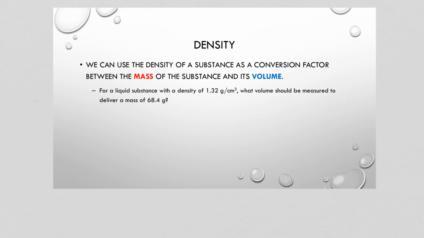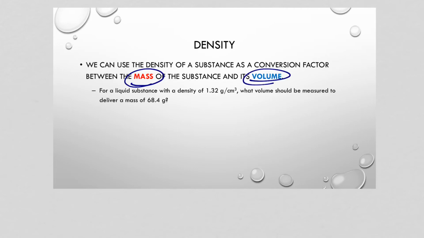So it is often the way that we can, in the lab, know the mass of something, and if we know what the material is, we can figure out what the volume is going to be by using its density, or vice versa. So this is a really common technique in lab. We can measure either the mass or the volume and use the density of the material to calculate the other one. So it is a way to convert between the mass of a substance and the volume of a substance, or vice versa.